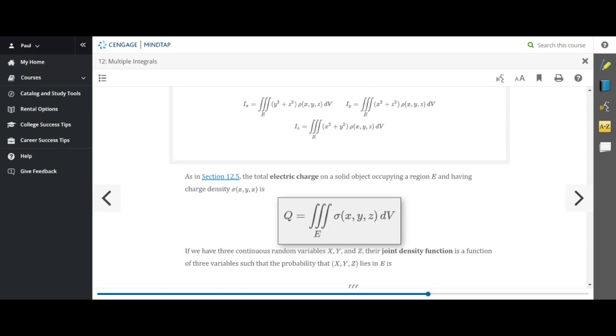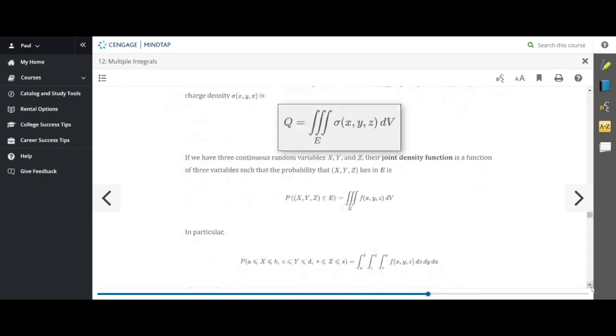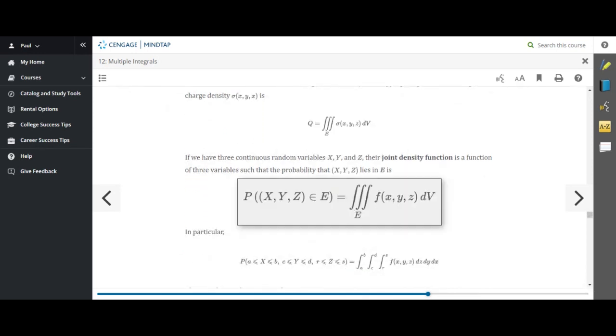And incidentally, another application, we won't get to it, but you can have probability functions. There's a class in your senior year, maybe your junior year, that you would need this class for, and it's mathematical statistics.